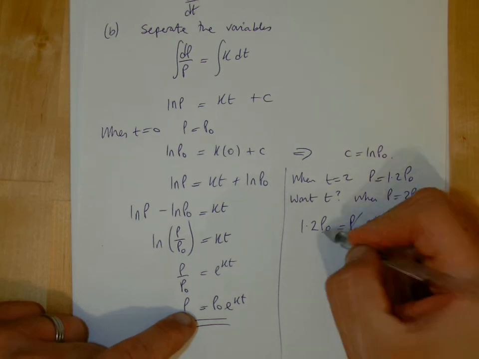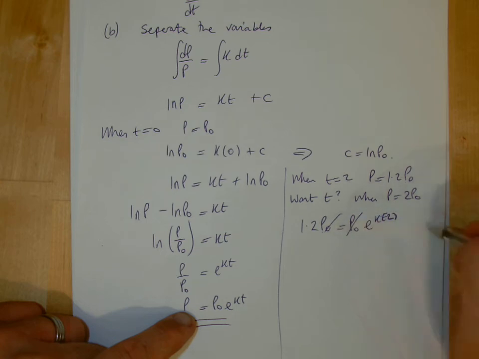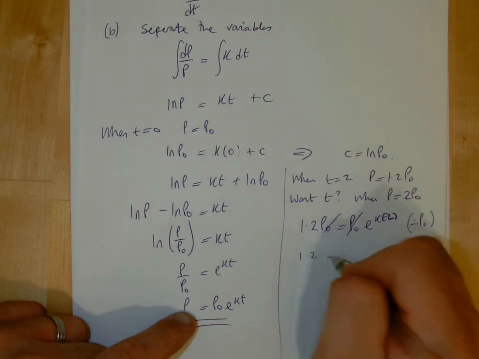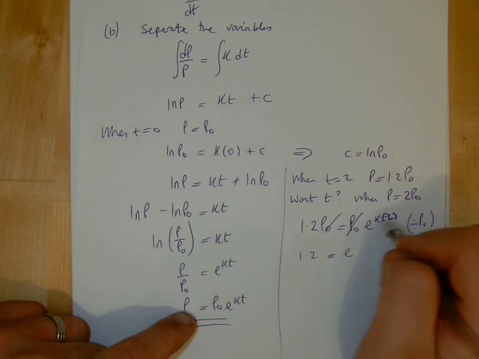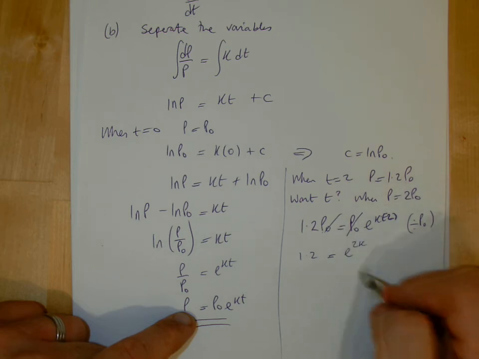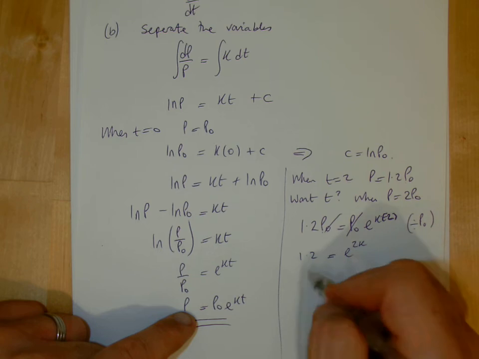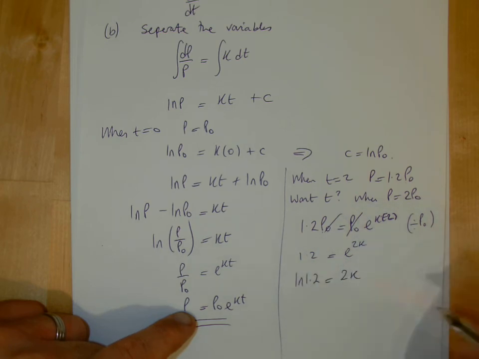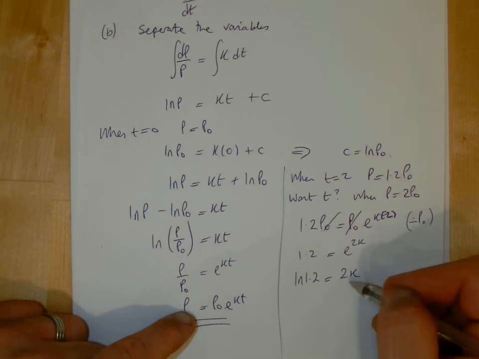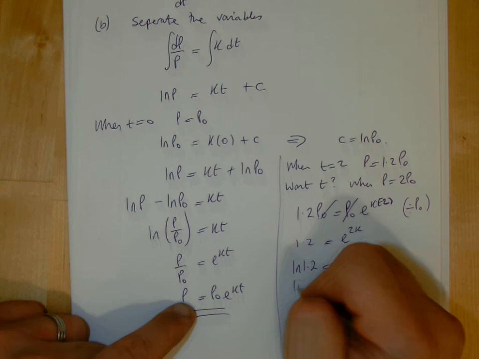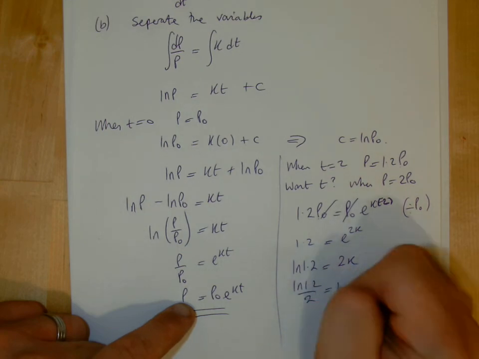What we can see as well, the P0s will cancel, because there's P0s on both sides, so we just divide by P0, so we've got 1.2 equals e to the k times 2, which is 2k. Then simply take the e over the other side and do ln of it, okay, so we get that, and then to get k divide by 2, so ln 1.2 divided by 2 is equal to k.